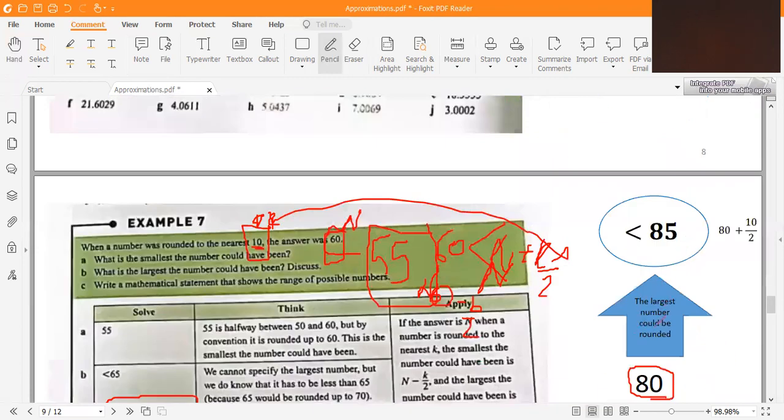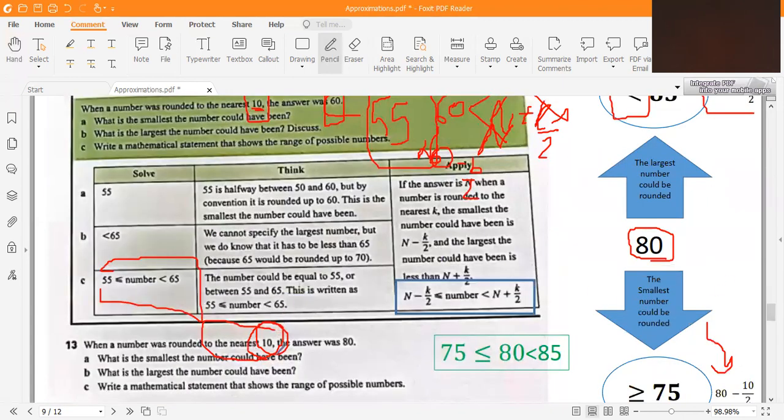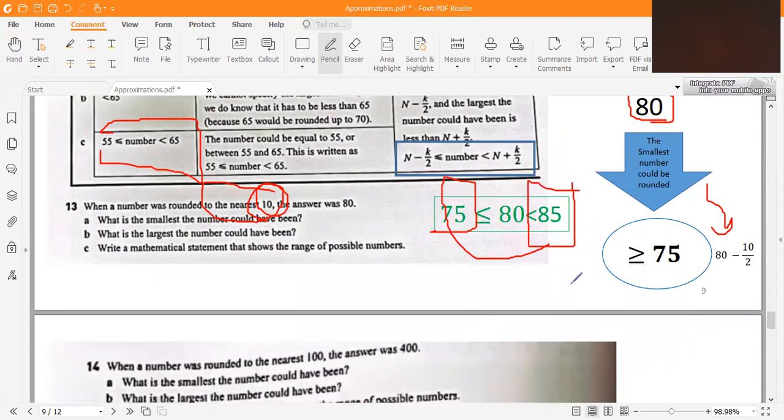And the largest one is strictly smaller than 85, we stress on this. 85 is 80 plus k over 2, which is 10 over 2, equivalent to 5. So the smallest is 75, and the largest is strictly smaller than 85.